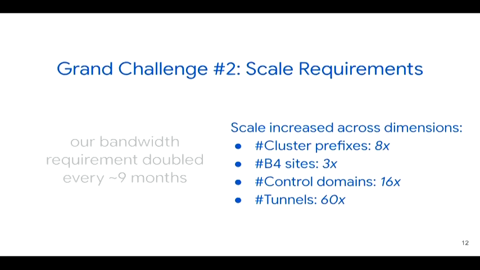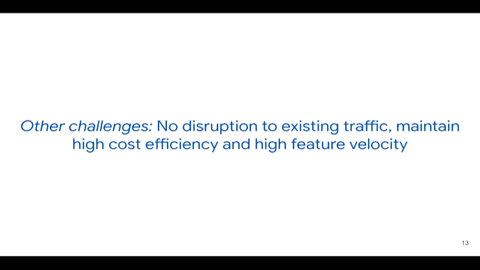We also had scaling challenges over multiple other dimensions, such as the number of cluster prefixes, the number of B4 sites, control domains, and the number of tunnels. As we connect more and more clusters to B4, we have scaling challenges in all the dimensions.